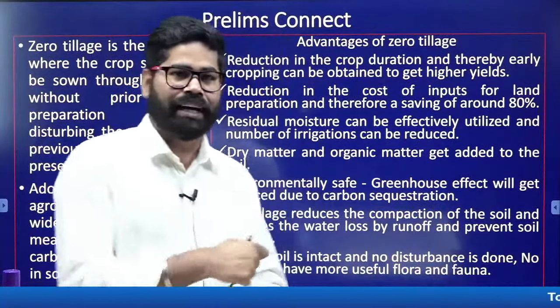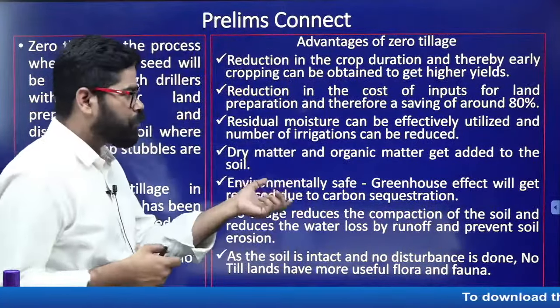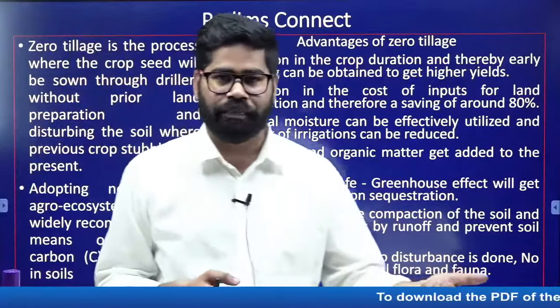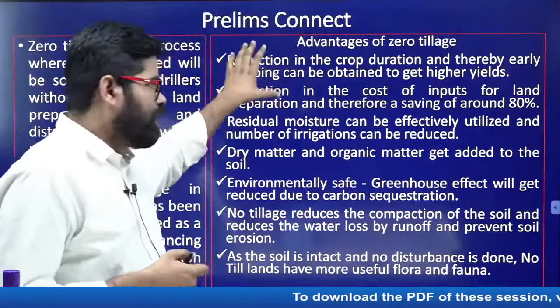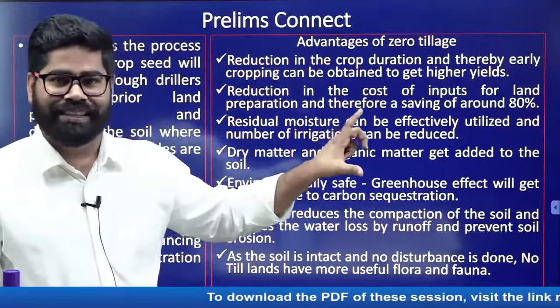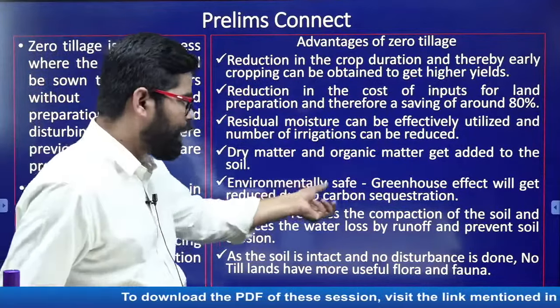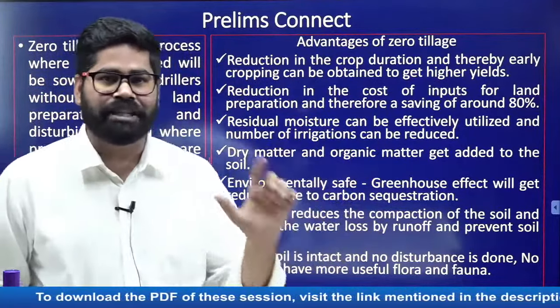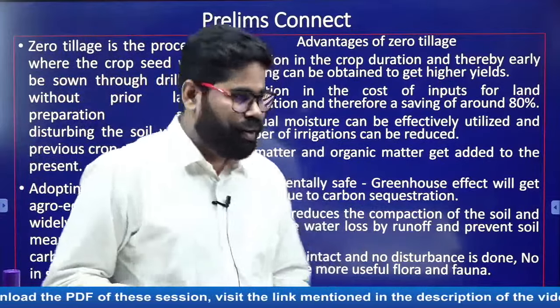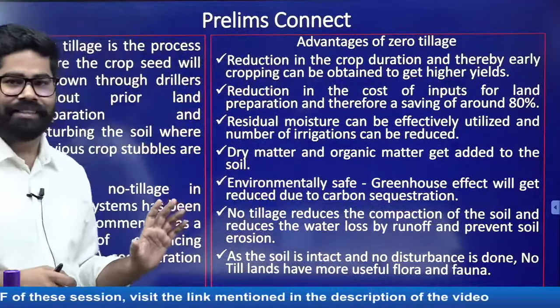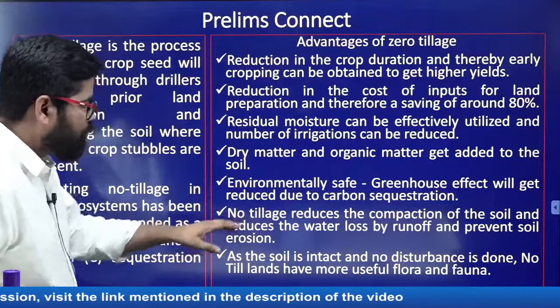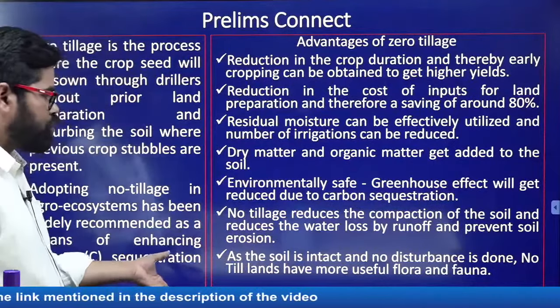If you go through the website of Vikaspedia, you will find these advantages of zero tillage agriculture, and there itself you will find the line that it helps in carbon sequestration. So you can easily get the answer. And other important things are also there.